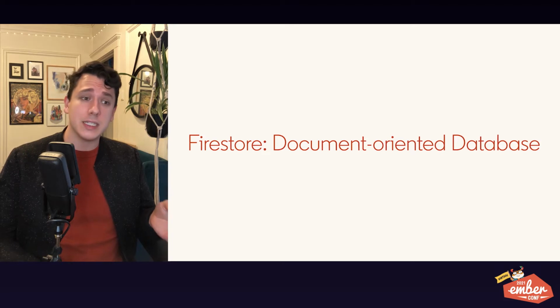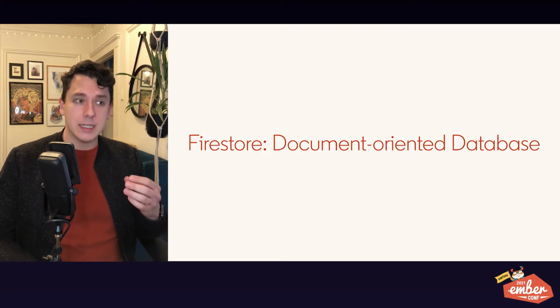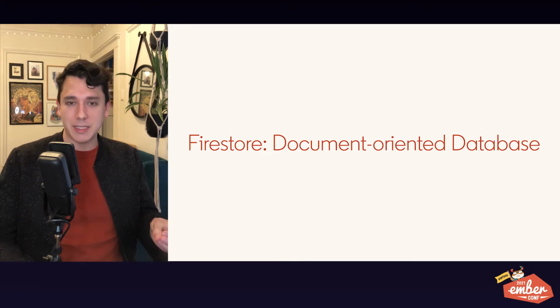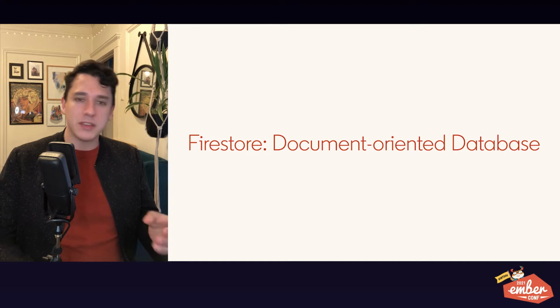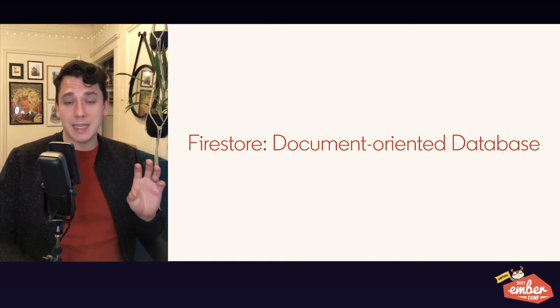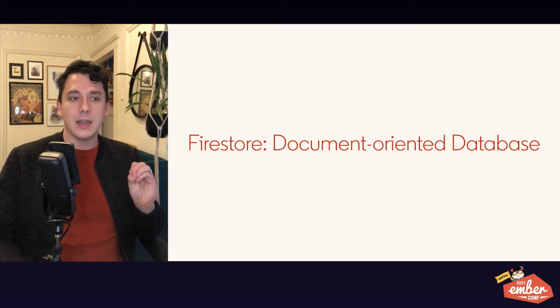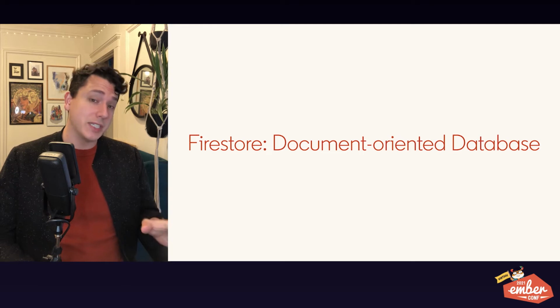Firebase's database is Firestore. And the difference between this database and other databases is that it's a document-oriented database. And what that means is that rather than representing data as tables, it represents it as objects, and specifically as JSON.